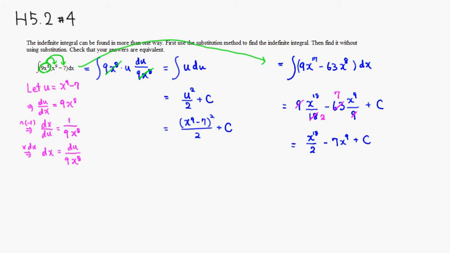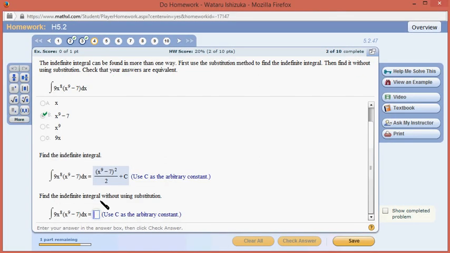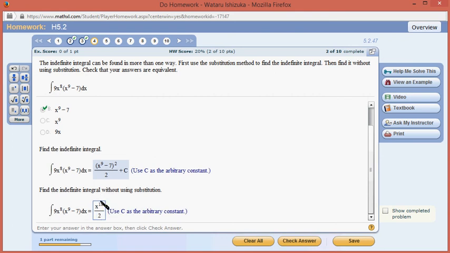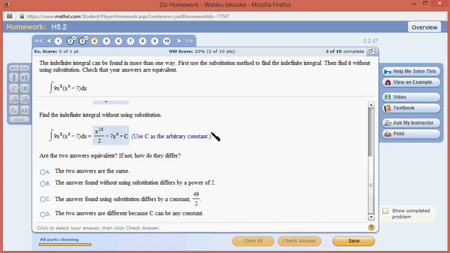Alright, so let's type it in. x to the 18th power over 2 minus 7 x to the 9th plus some constant c. Check the answer. Alright, we got that.